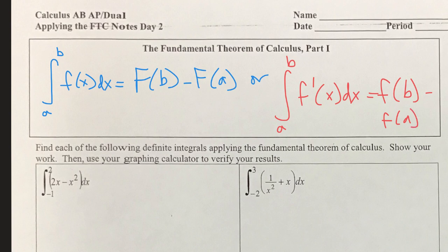So f of b minus f of a. Either way, f is the antiderivative of f prime. So there are two ways that we can write it depending on how you see your problem.